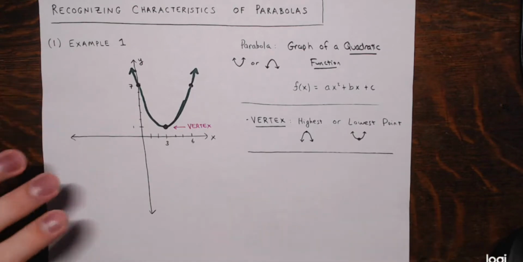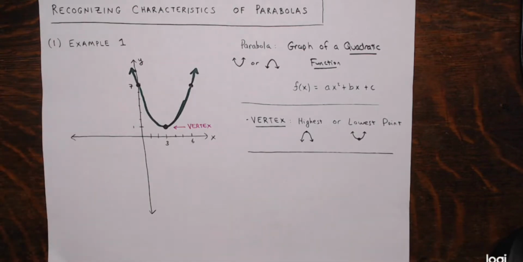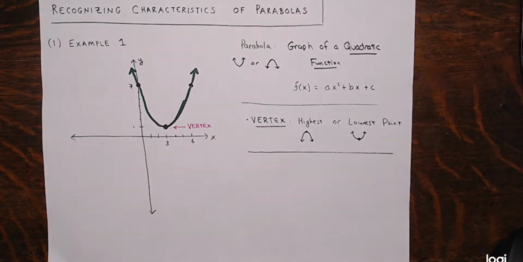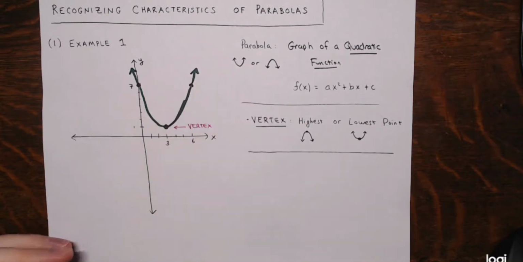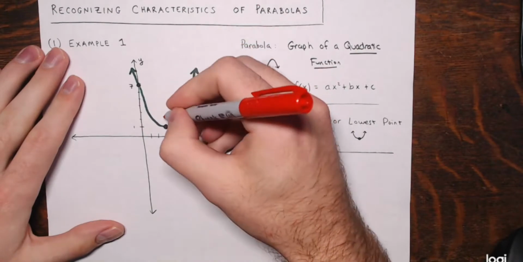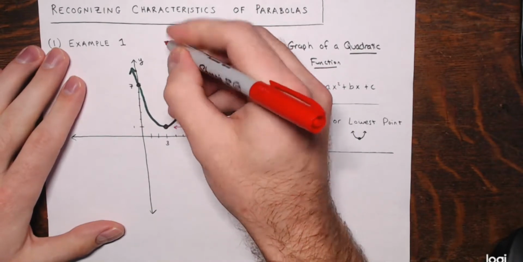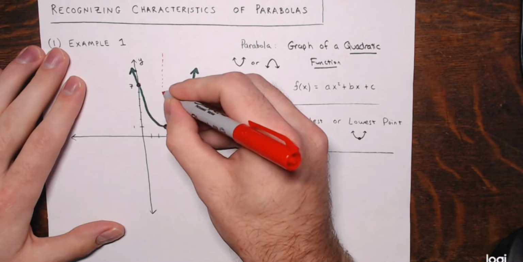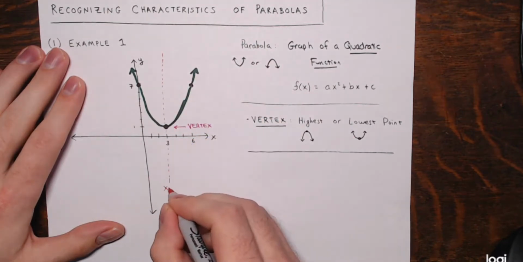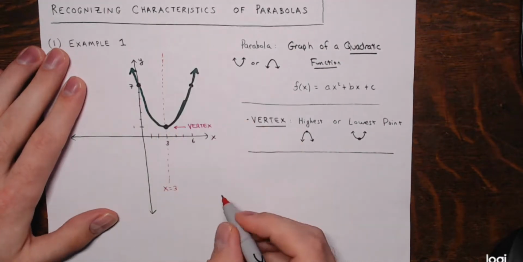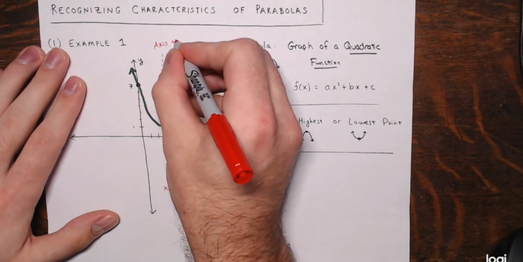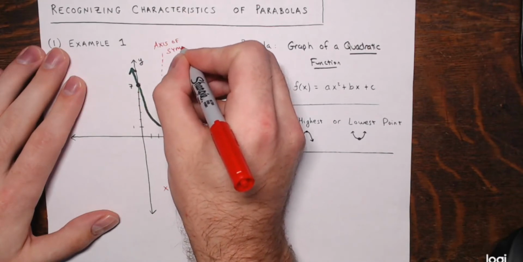Then there's another thing they're asking us to identify, the axis of symmetry. All these parabolas are going to be symmetrical about some vertical line, a vertical line that contains the vertex, and I'm going to make it a dotted line here. This is at x equals 3, a vertical line. And this is called the axis of symmetry for this particular parabola.